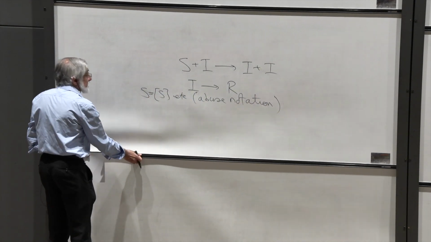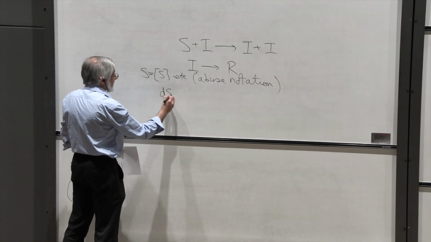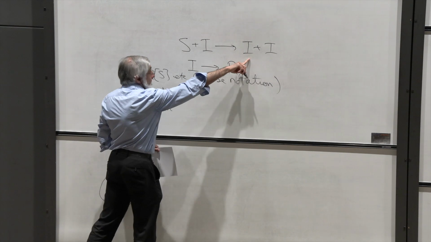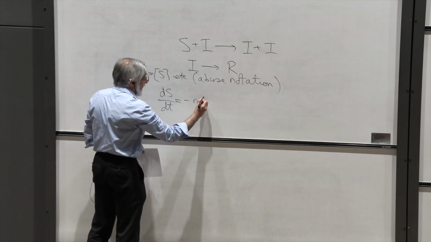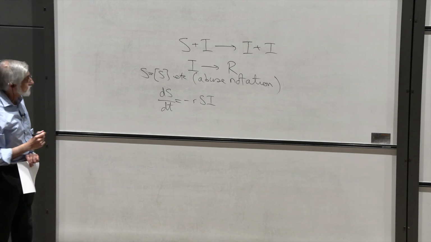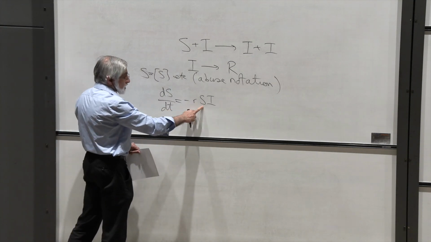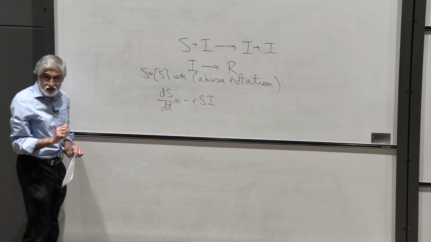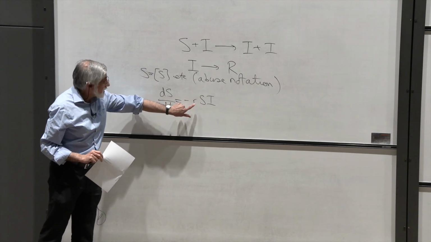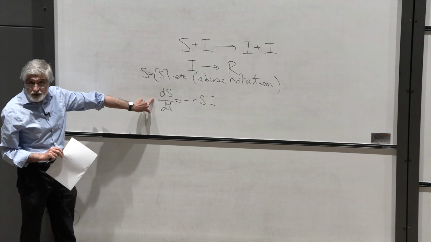So we're going to get dS/dt equals, so S is lost here, minus rSI. In other words, a susceptible meets an infected, and with this rate, they become infected.